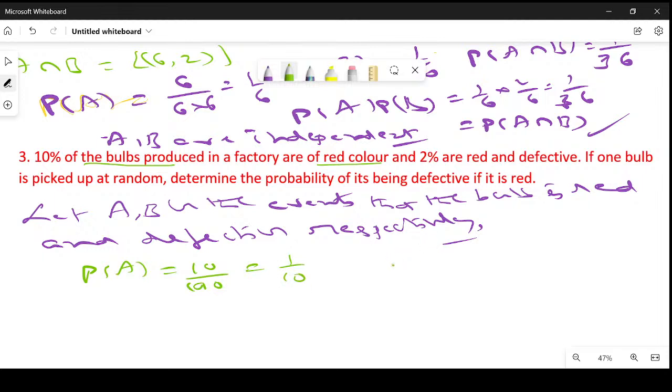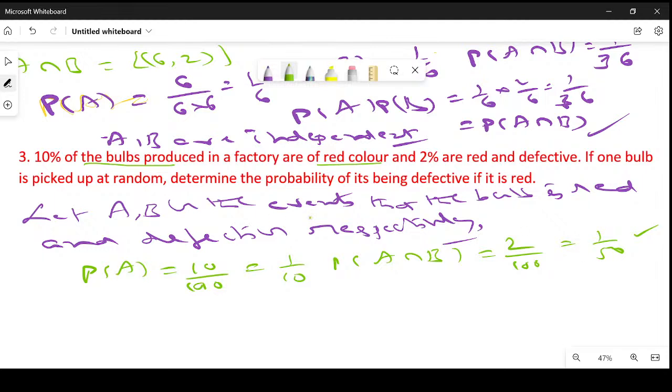Next, defective means probability of A intersection B. The red bulb which is defective will be 2%, 2 by 100, that is 1 by 50. This is given.